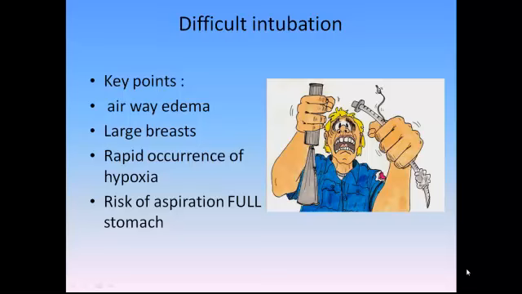What about difficult intubation? Why is it a common problem to intubate a pregnant woman? Because a pregnant woman usually has airway edema, usually has large breasts that interfere with the intubation process, rapid occurrence of hypoxia because the mother consumes oxygen rapidly together with the fetus, and has hyperdynamic circulation, and a high risk of aspiration because there is delayed gastric emptying.